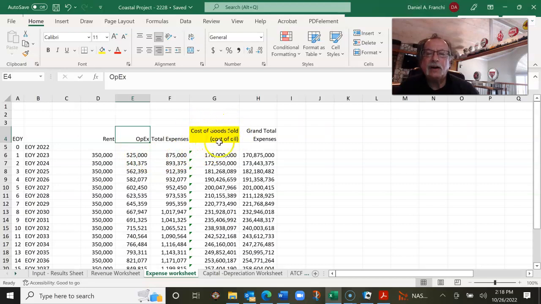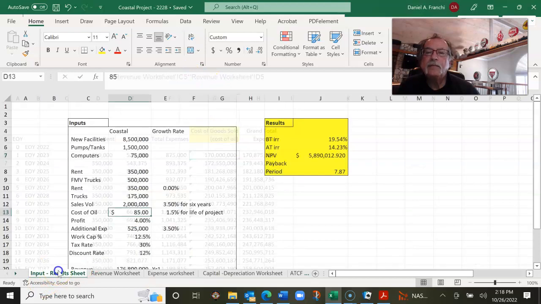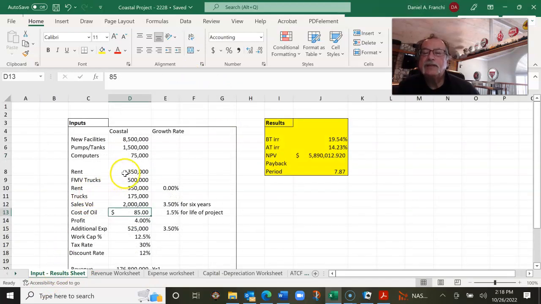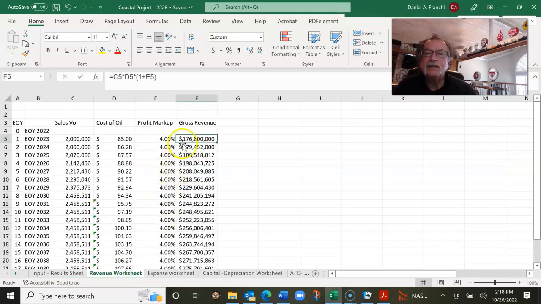And that is the cost of the oil. Well, let's go to this sheet. It's basically this number right here, sales volume times cost of oil. Sales volume times cost of oil.